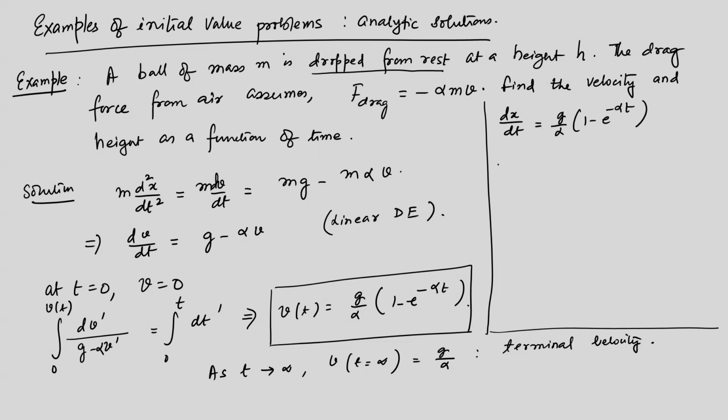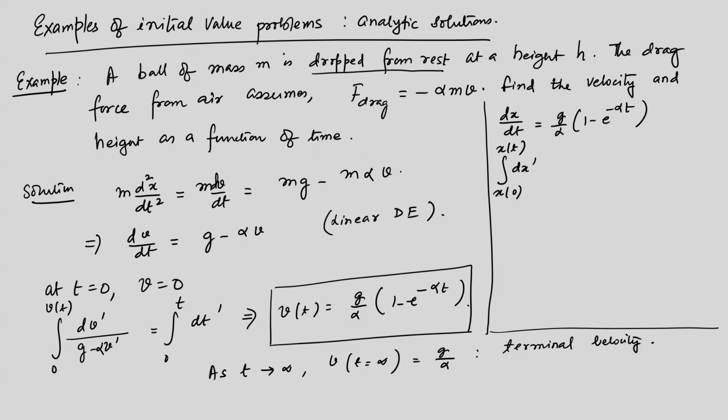So, if you integrate dx prime, this goes from x at t equal to 0 to x at t equal to t. x or h, it does not matter; we have written it in terms of x.